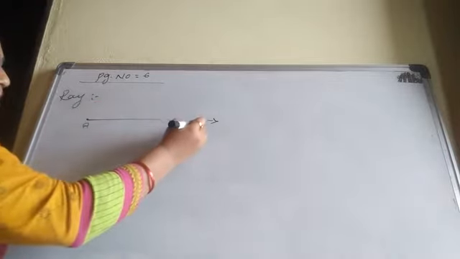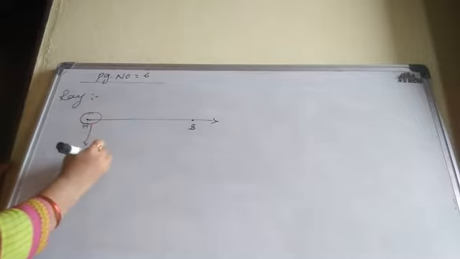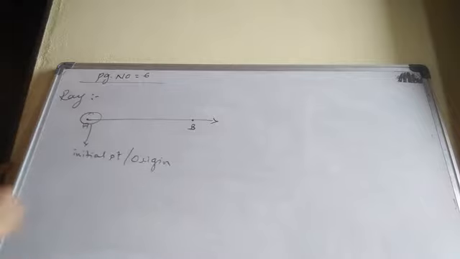Ray means how? The portion of a line which starts at a point and goes in a particular direction. See here, I will draw the figure of a ray. Here A, here I will take B. This point A is what? Initial point, otherwise we can call it origin.